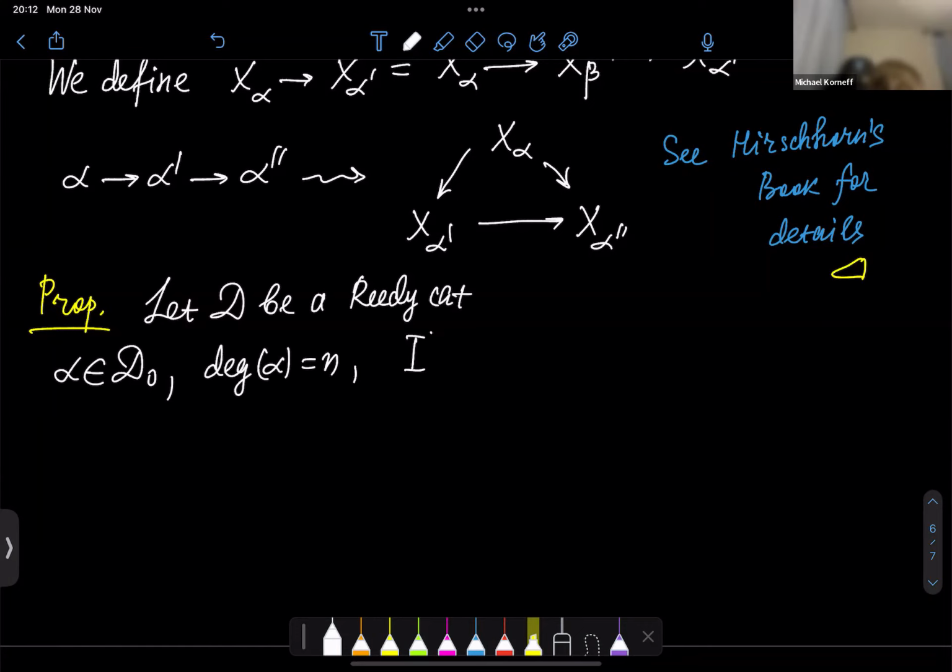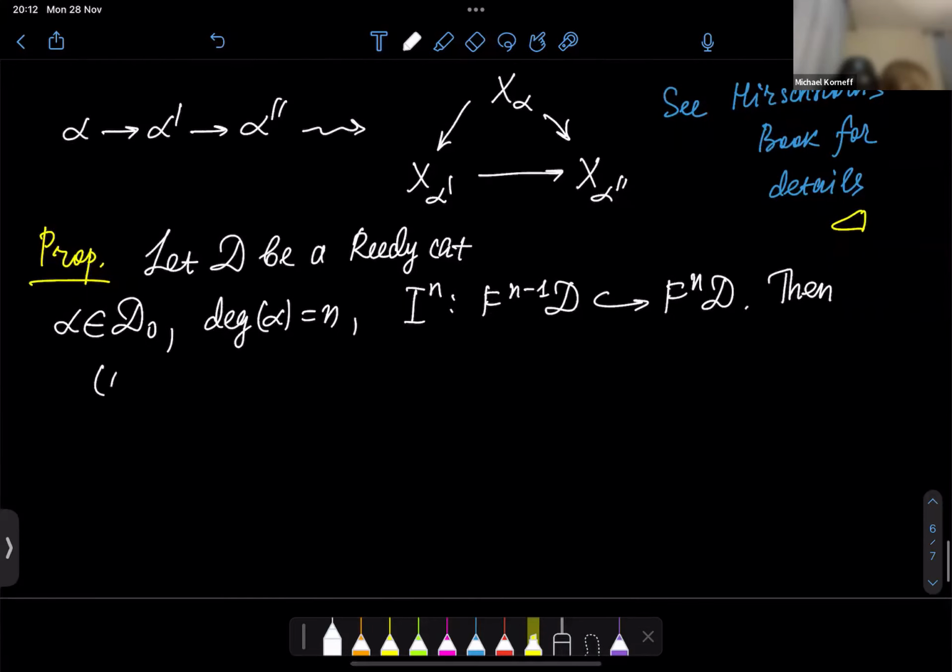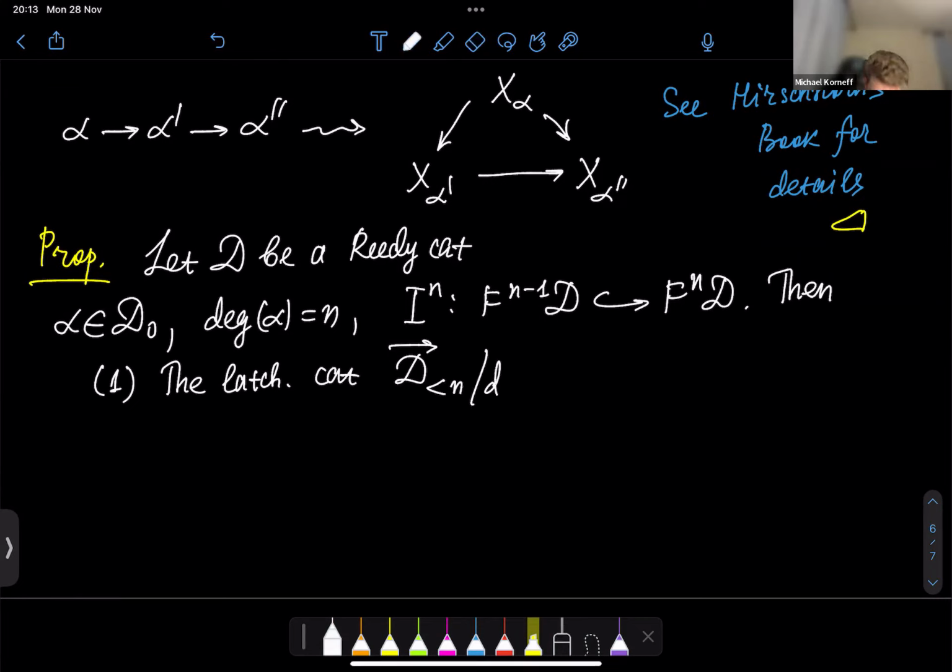And also we have an inclusion functor from the n-1 filtration subcategory to the n degree subcategory. Then the first point, the latching category is a final subcategory.